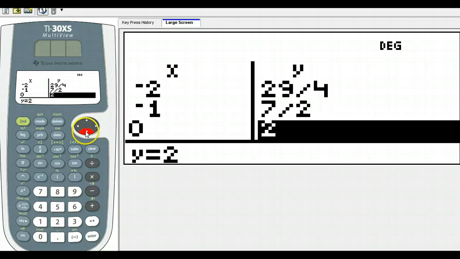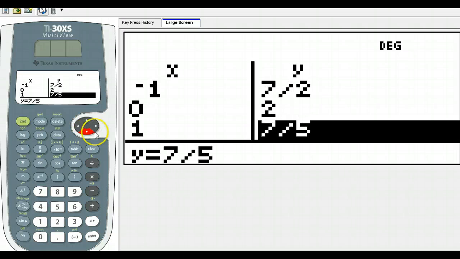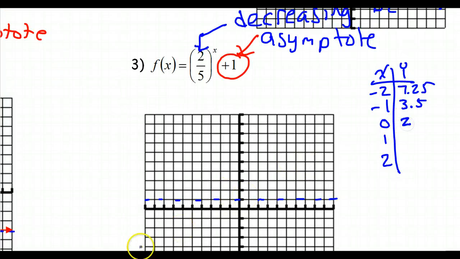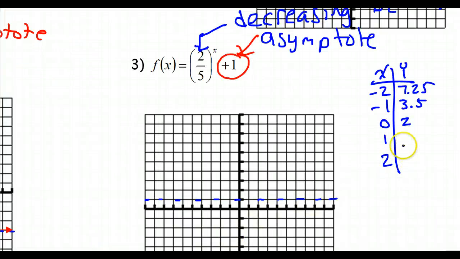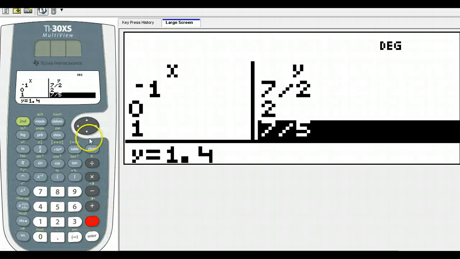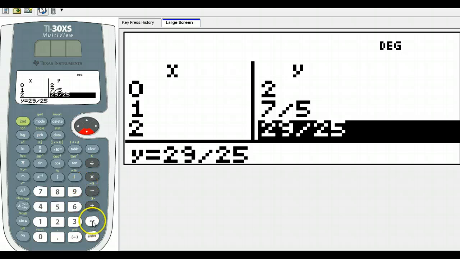At 0, we've got 2. And then we've got 1.4. And then we've got 1.2. All right, I'm going to round that to 1.2.